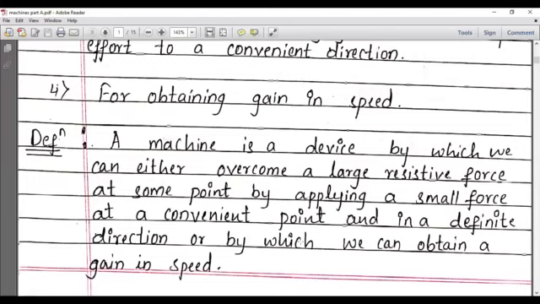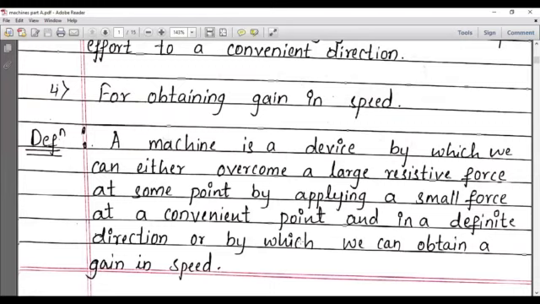So what is load? You are using a scissor and you are cutting a cloth. In this case, the cloth is the load. And on the scissor, wherever you hold it, you are applying force. That is your effort. So a machine is a device by which we can overcome a large resistive force.